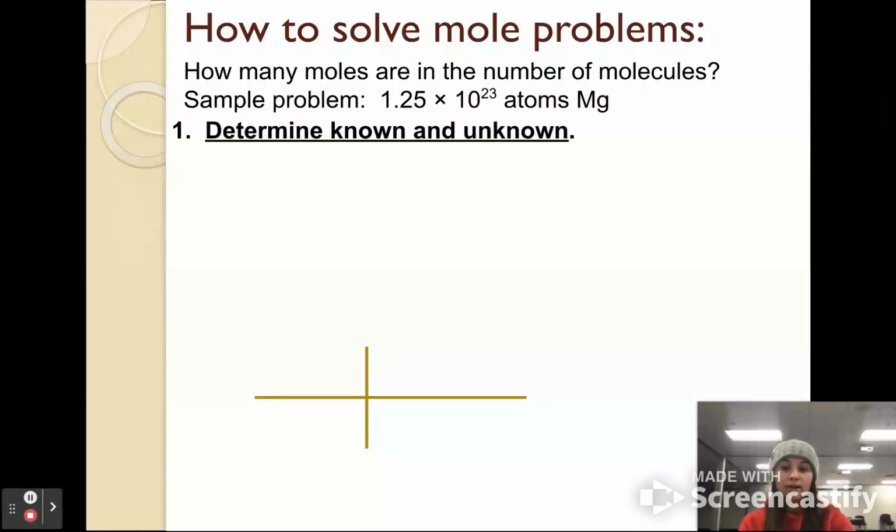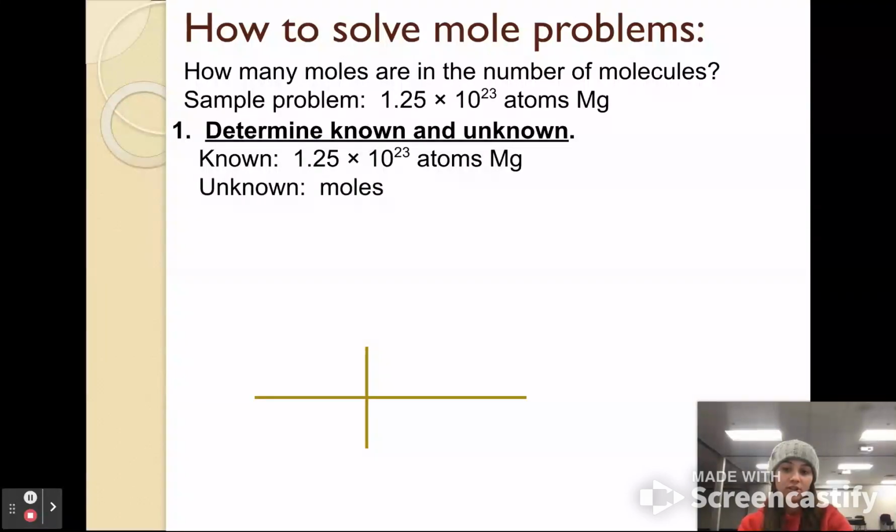First, you're going to write down your known and your unknown. So your known is what's given to you in the problem, the 1.25 times 10 to the 23rd atoms of magnesium. Now write down what is unknown. What are you trying to get to? And the answer is moles. My unknown is going to be moles.